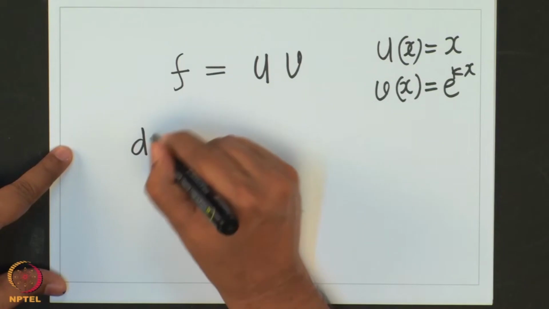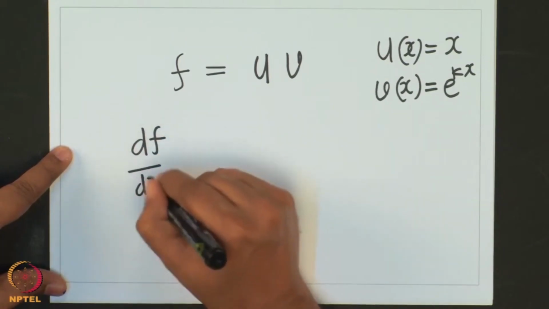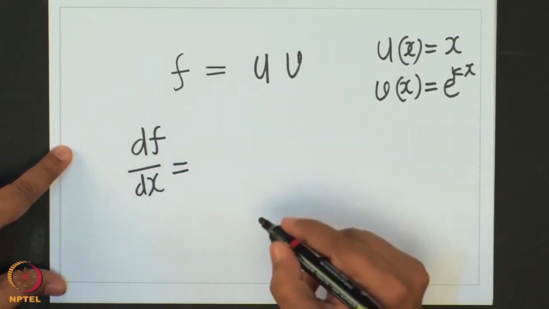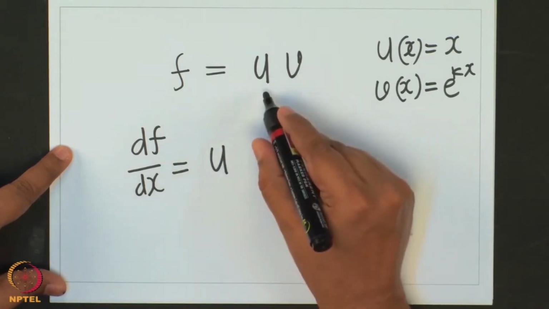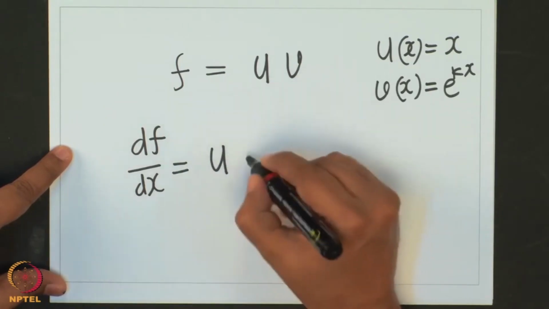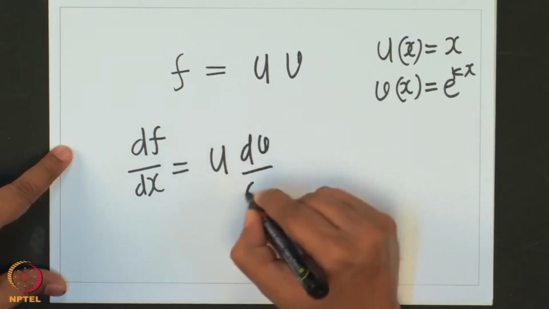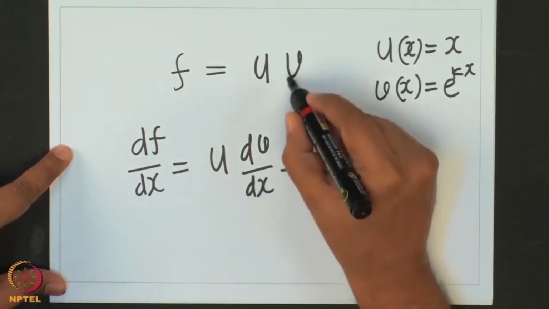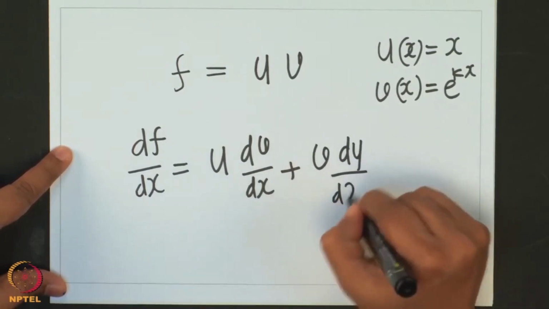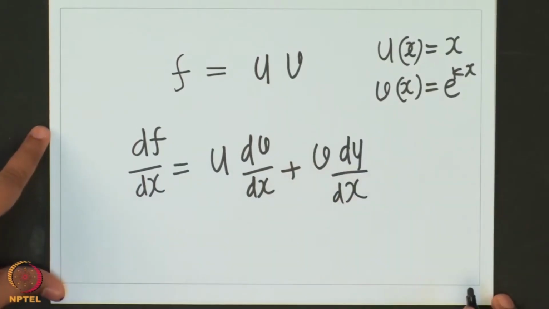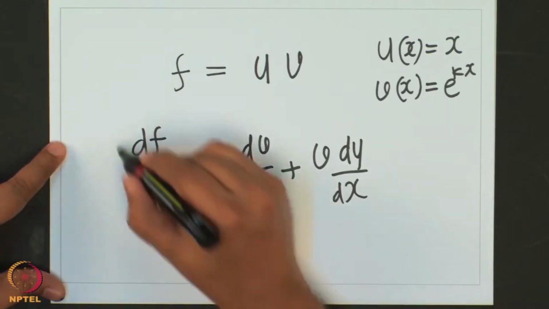How did we find df by dx? We said that this is nothing but: keep the first constant and find dv by dx, plus keep this constant and find du by dx. This is all one has to know.